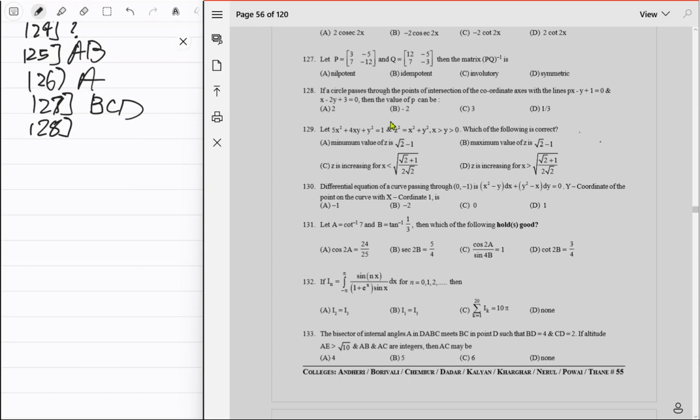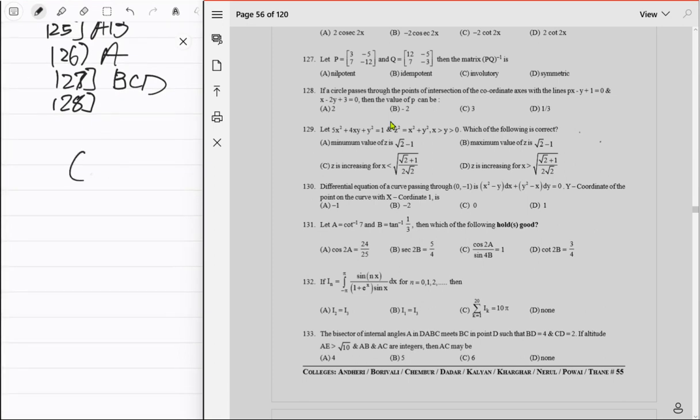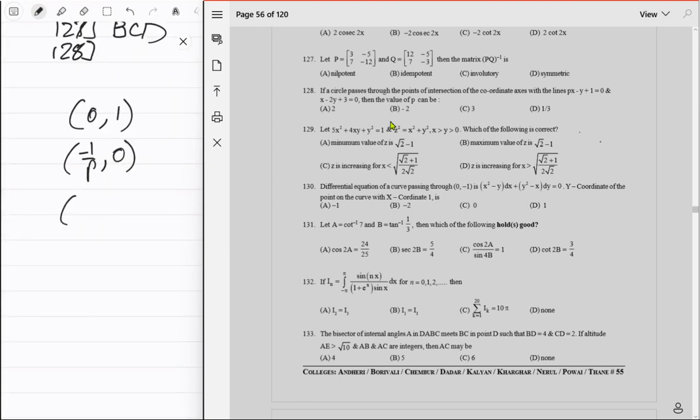You're just going to figure out the points themselves, and then do the determinant. Like what will the points be? Put x equal to 0 for this, y equal to what? Just x equal to 0, y equal to 1. Then put y equal to 0, x equal to negative 1 upon p comma 0. And what else will be there? For this guy, just negative 3 comma 0. And then 0 comma 3 upon 2, right?